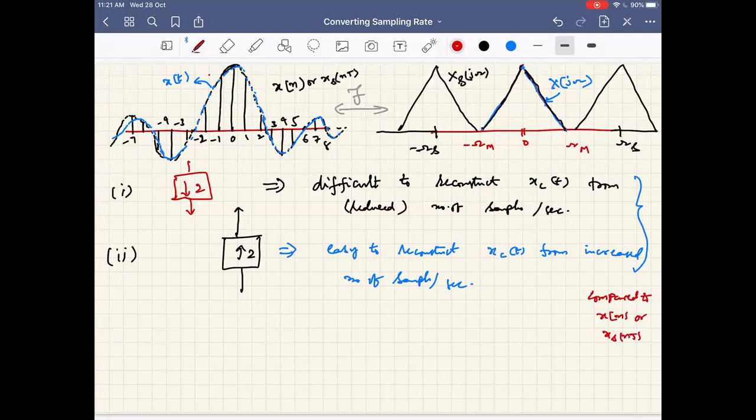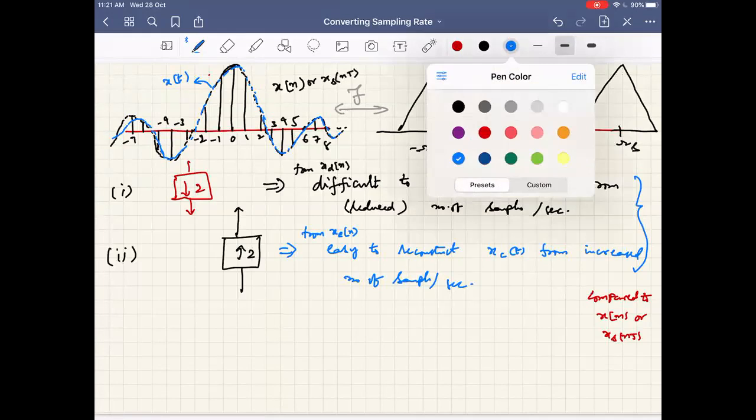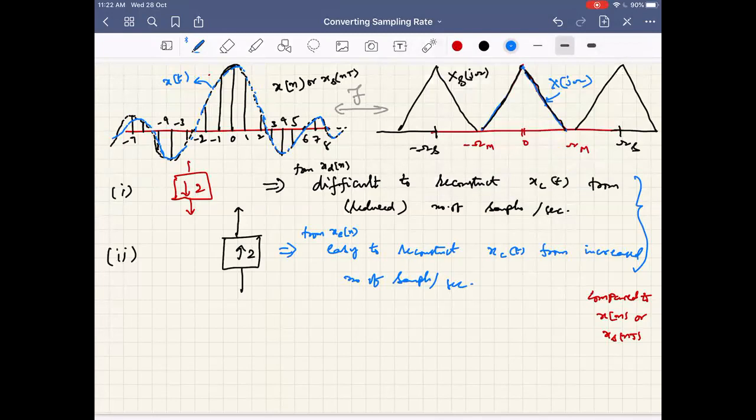This is from xd of n, and this is from xe of n. So that is what you can infer. If you are able to reconstruct the signal faithfully from x of n, you are sure to be able to reconstruct it from xe of n, whereas that is not the case for xd of n.